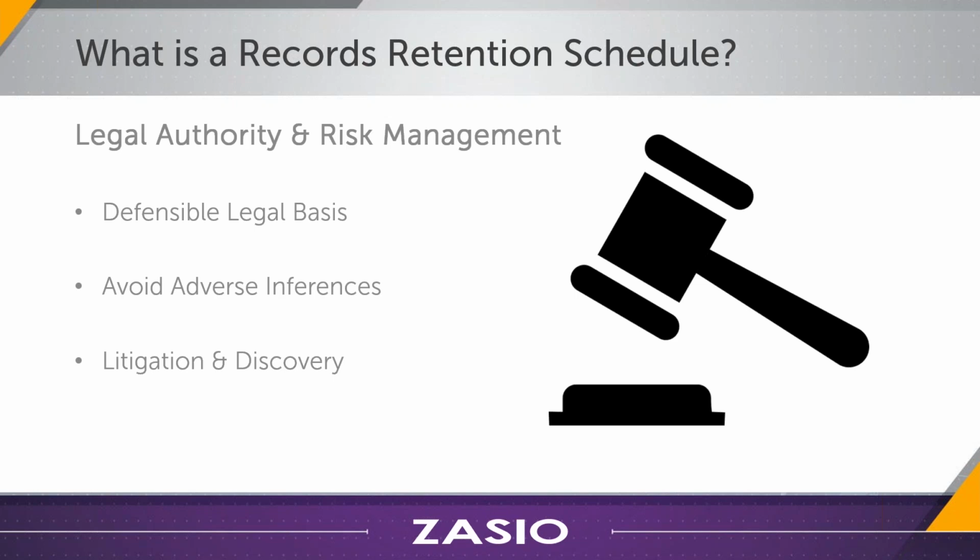So when you dispose of a record in the ordinary course of business, pursuant to a well-defined policy containing a records retention schedule, it gives you a high degree of protection against accusations that records were destroyed because of an improper purpose, or particularly you want to avoid any suspicion that records were destroyed to hide something improper or wrongdoing.